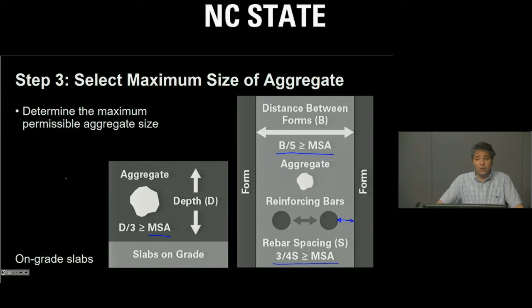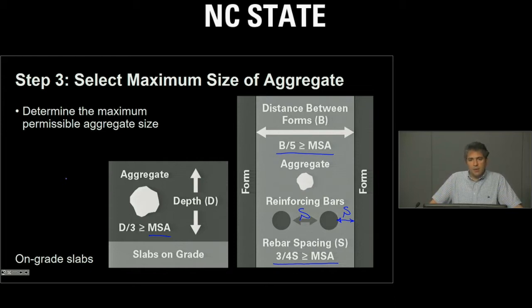So for those two we use 3/4 of the spacing, which can be this or this one. The reason is that we want to make sure that the aggregates flow inside our form and are placed without causing any bug holes or any areas that concrete cannot flow to.